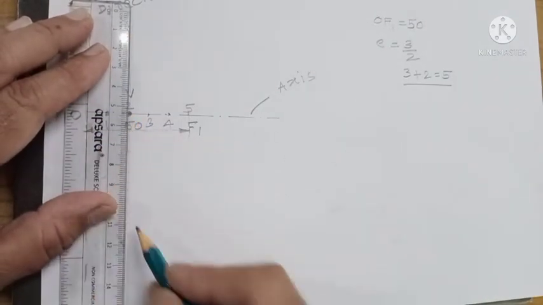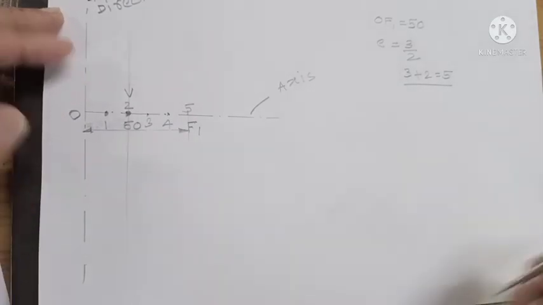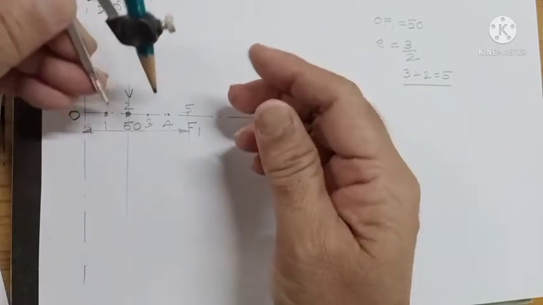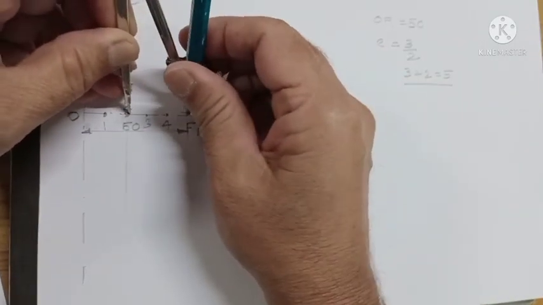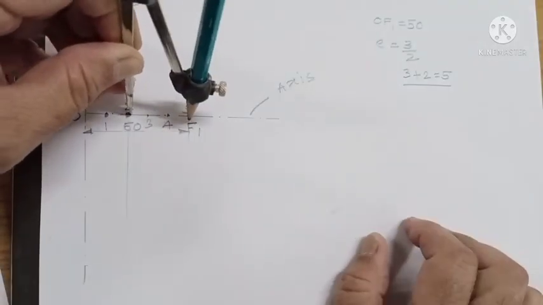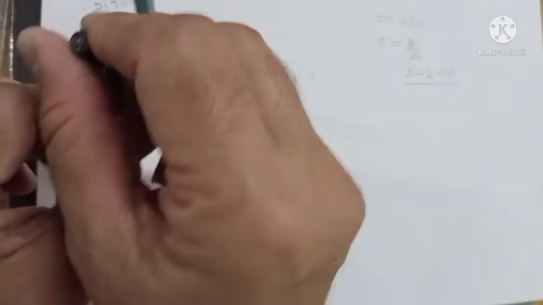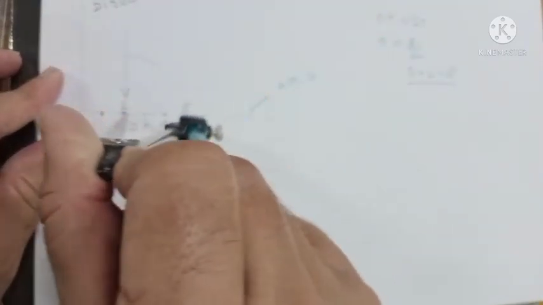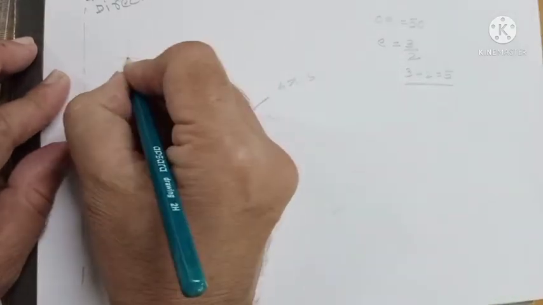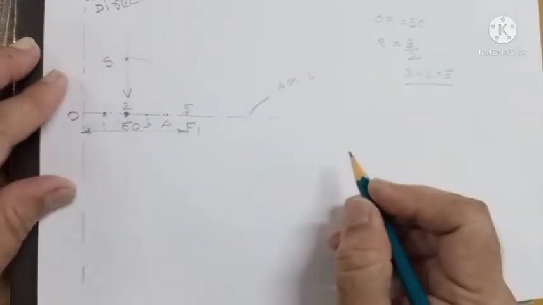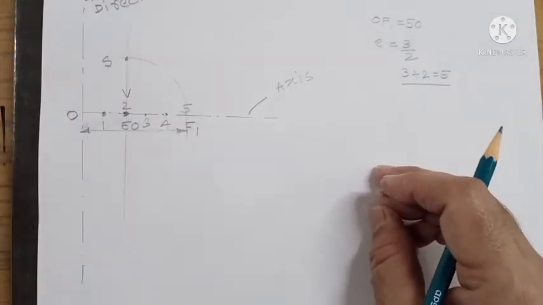Now use the compass like this. Take the distance from here to here, VF1, and draw an arc towards the line we extended from V. Now we got this point as some S, any point you can name it, some point S. Now we have to join O to S and extend it.